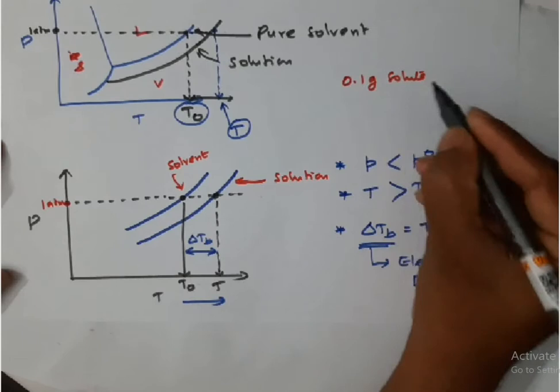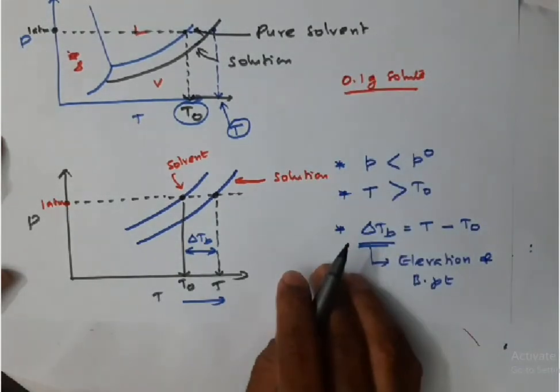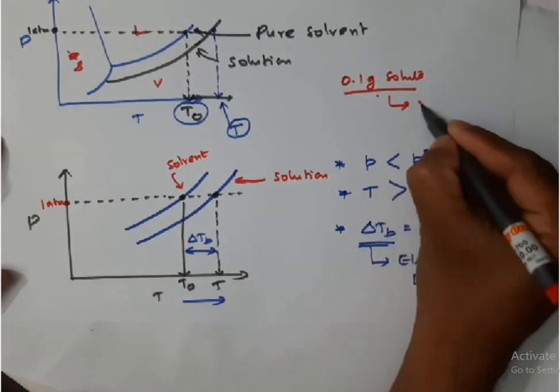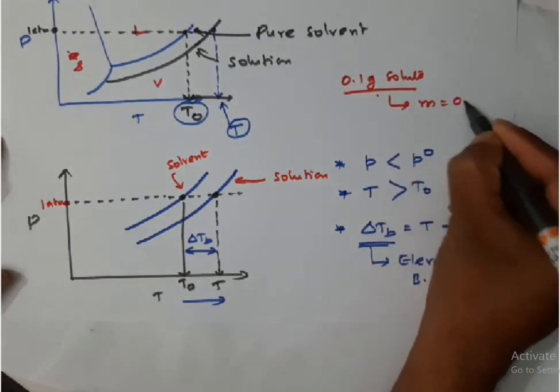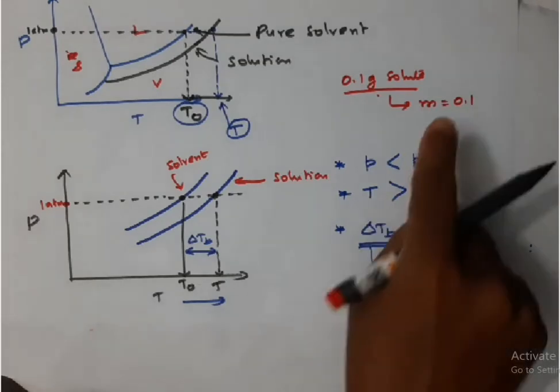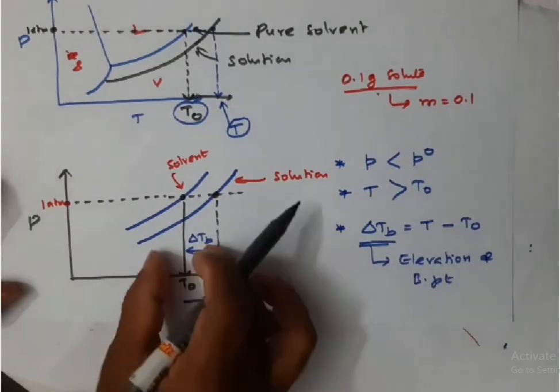Observe carefully. I'll add this solute in water, and I'll get a solution. Say the molality of the solution is, for example, 0.1. I have added 0.1 gram of solute in solvent such that the molality of the solution is 0.1. For a 0.1 molal solution, you will get some value of delta TB.